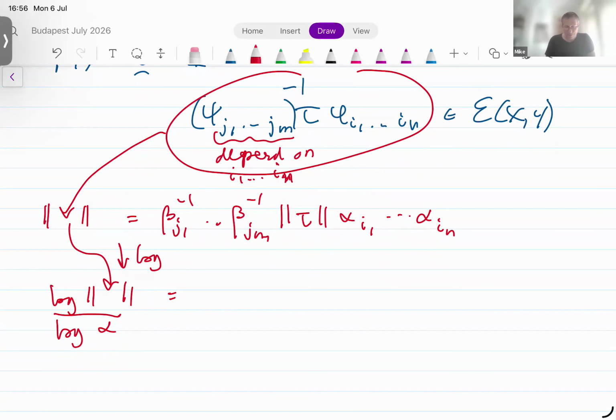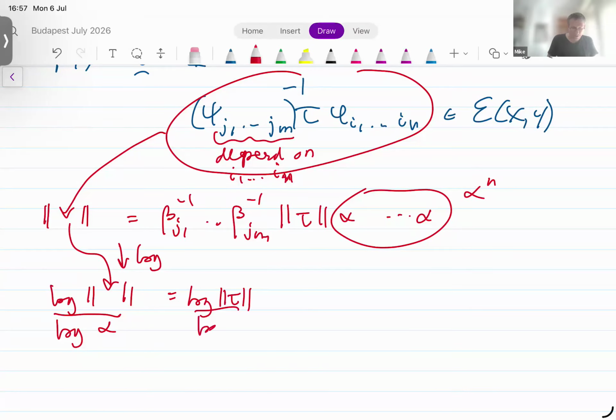I told you that the alphas are constant, but I wrote it as if they weren't. Actually all the alphas are the same. So this is just alpha to the n. I took the n prefix of the sequence I, and they all contract by alpha, so it's just alpha to the n. So when you take logs, you're going to get the log of tau divided by the log of alpha, that's just a constant.